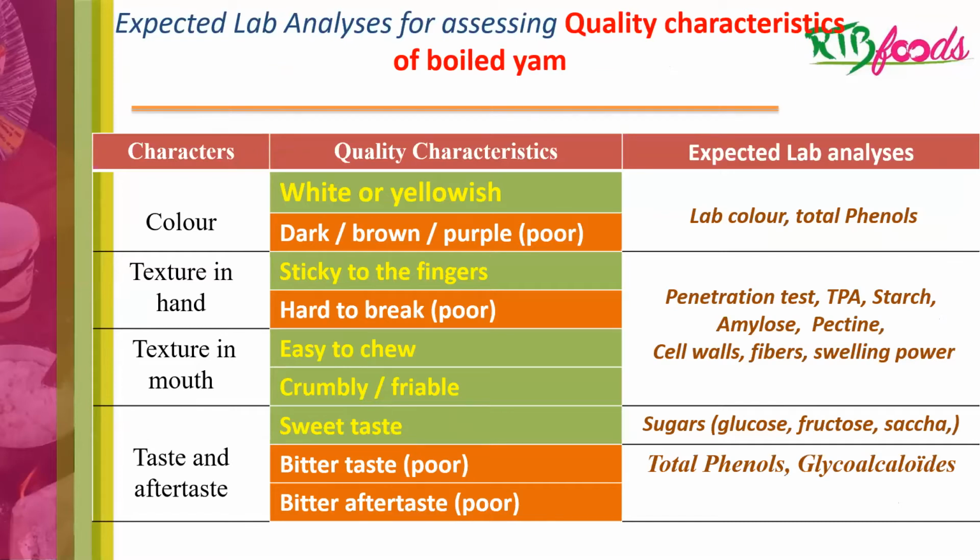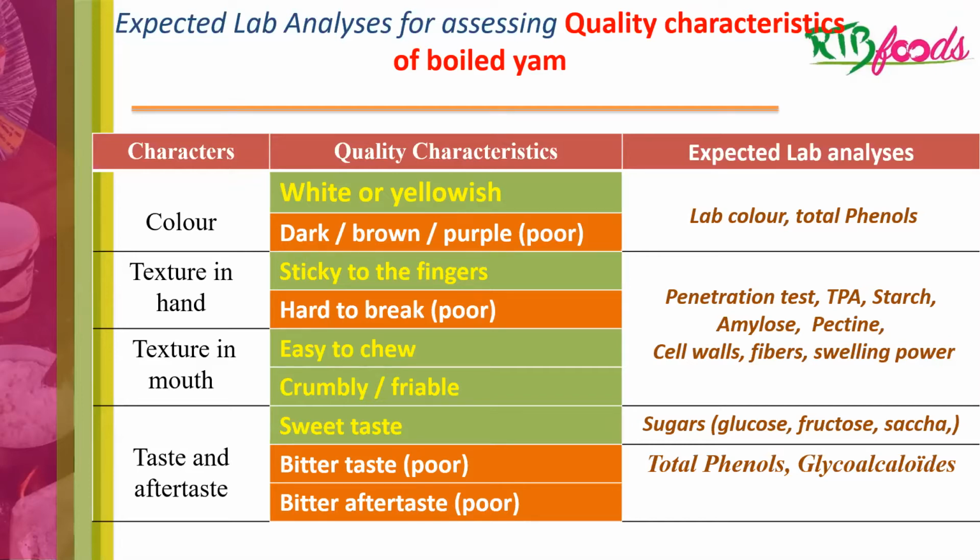For the quality of boiled yam and the expected analyze for assessing them, we have a yellow, white color, dark brown, that is the same. It is a colorimeter and total phenol. For the texture, we have texture in hand, we have texture in mouth. Those textures are disaggregated in sticky to the finger, hard to break, easy to chew, crumbly, and so on.